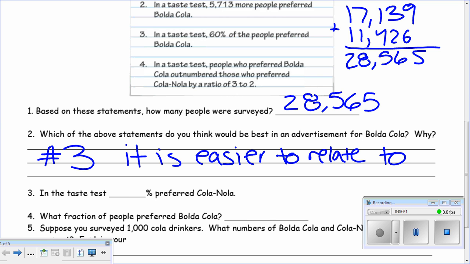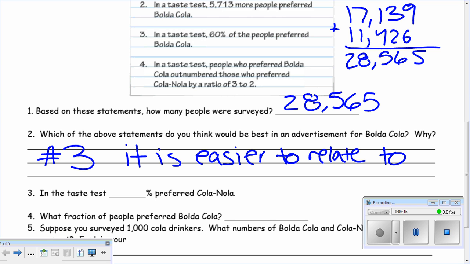But statement number 3, stating that in a taste test 60% of those people preferred Bolda Cola, is easier to relate to. When you say 60% of them liked Bolda Cola, well then we know the other 40% liked Cola Nola. That's easier for us to compare and relate to. We can just look at that bigger percentage.